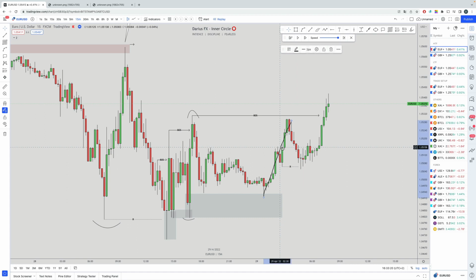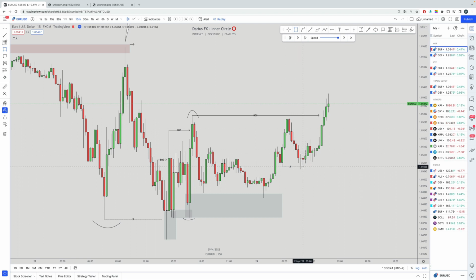Okay, so this strong move up, and in a situation like this, you expect price to give you 50%. Now you have here a valid demand zone, but only on a substructure basis, which is stupid to use.